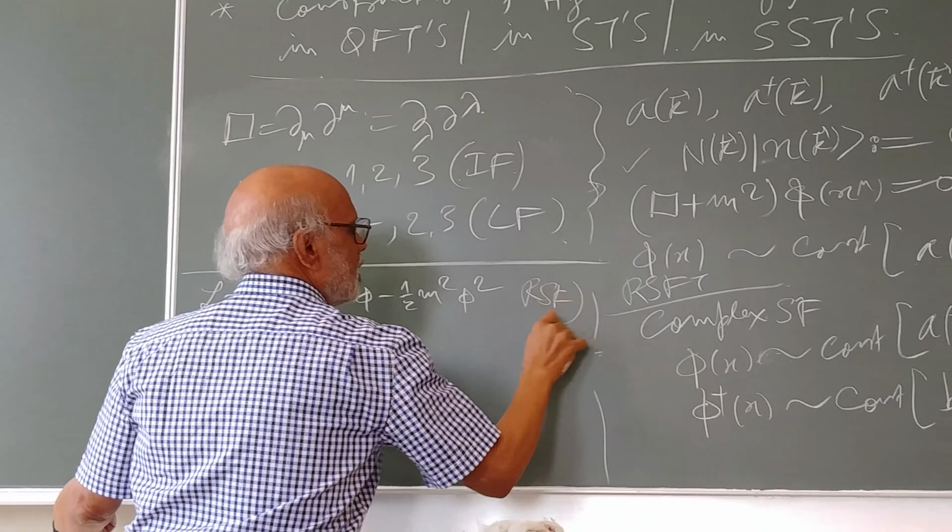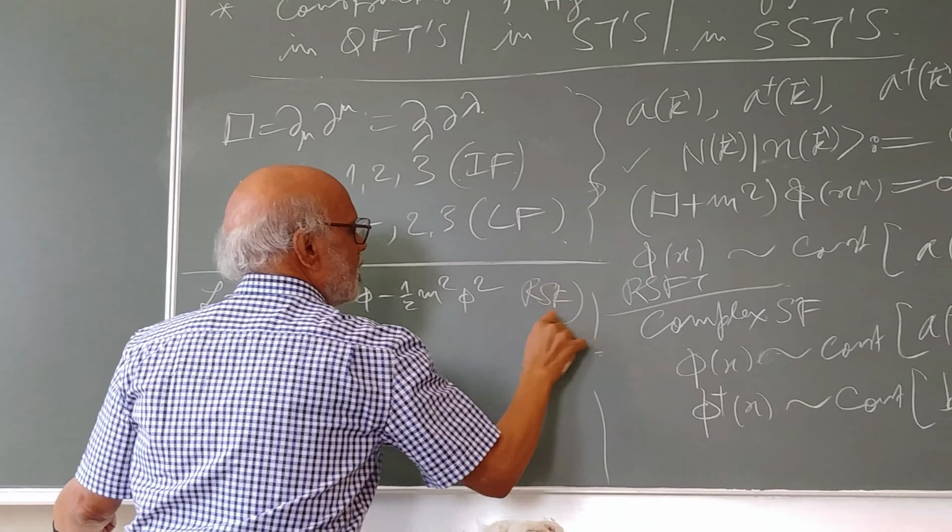In real scalar field theory, I have A of K, A dagger of K, and N of K, which is defined as A dagger of K times A of K. And for the complex scalar field theory, I have two sets.